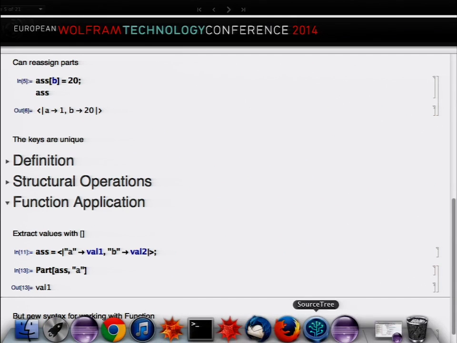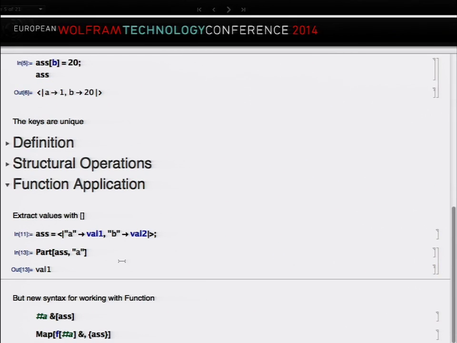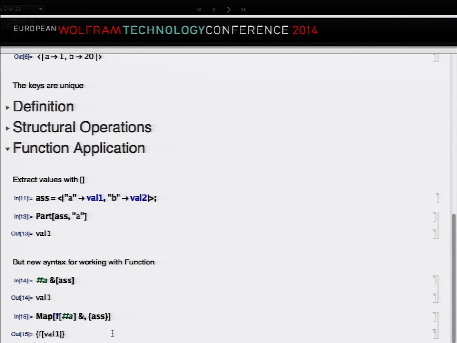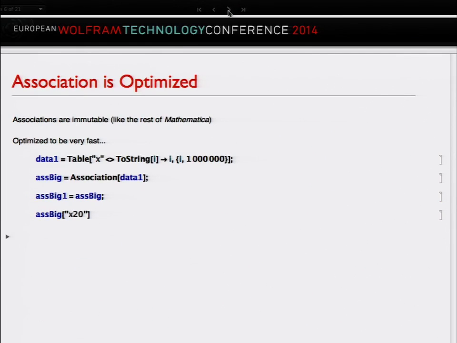But here's a nice way of working with it: I can refer to the name in the association when it's a string just by concatenating the A with the slot variable. So this makes some nice, concise, expressive syntax. Or here's another way of doing a map. So this is a concise way of working with association.